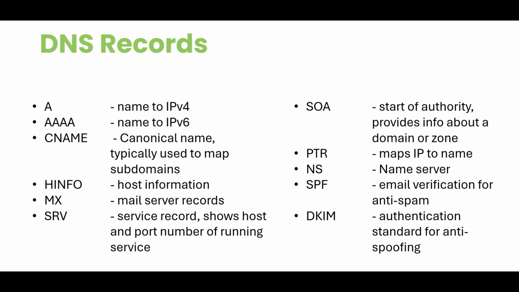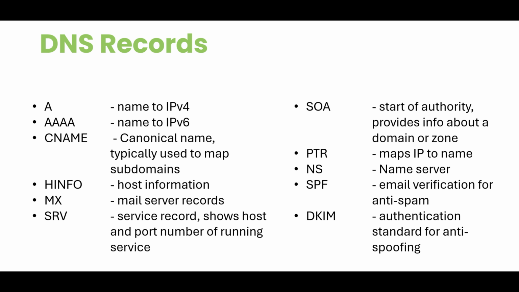Then we've got CNAME, that's canonical names. They can be used to map subdomains. They can be used for aliases as well. We've got host information, we've got mail server records, and we've got service records. SRV records can be really useful when it comes to identifying what service is running on a machine without actually having to port scan it.